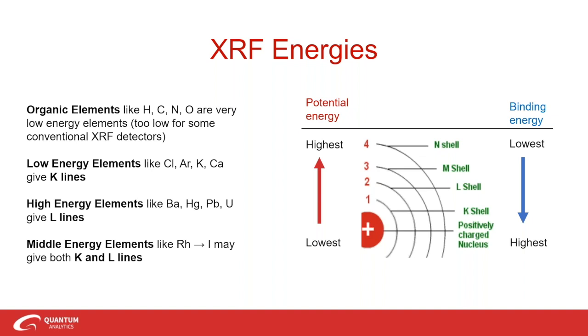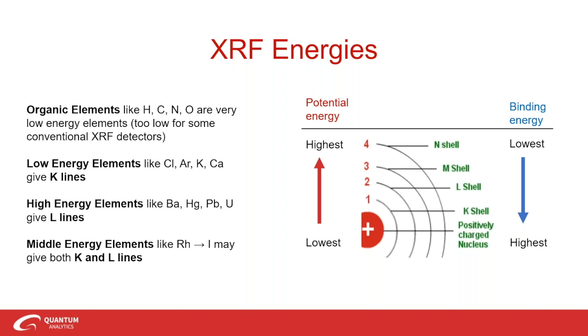So for XRF energies, if you look at some types of elements, organic elements like hydrogen, carbon, nitrogen, oxygen are very low energy elements, and some are too low for conventional XRF detectors. And you have low energy elements like chlorine, argon, potassium, calcium.